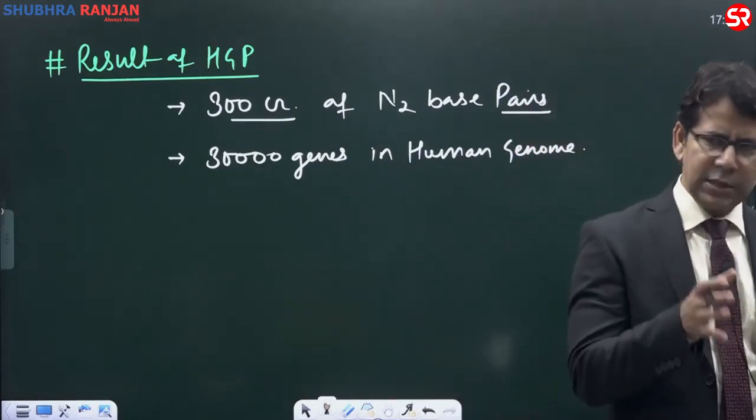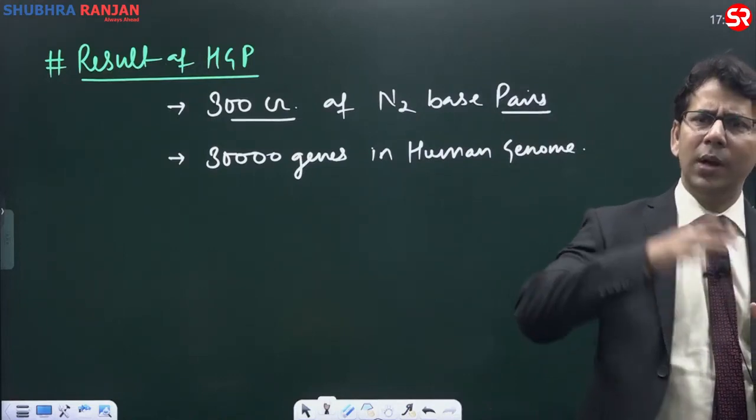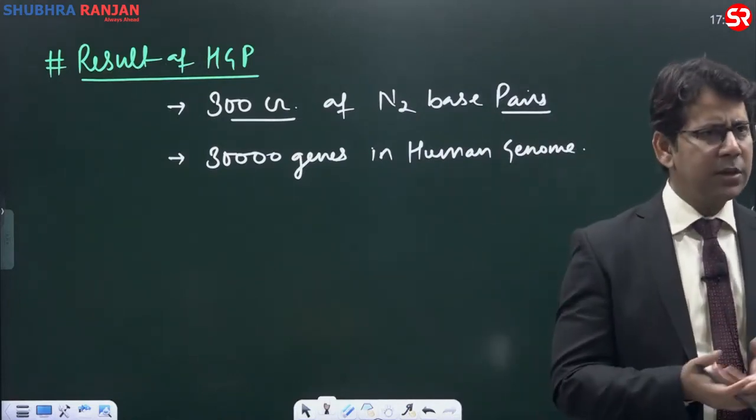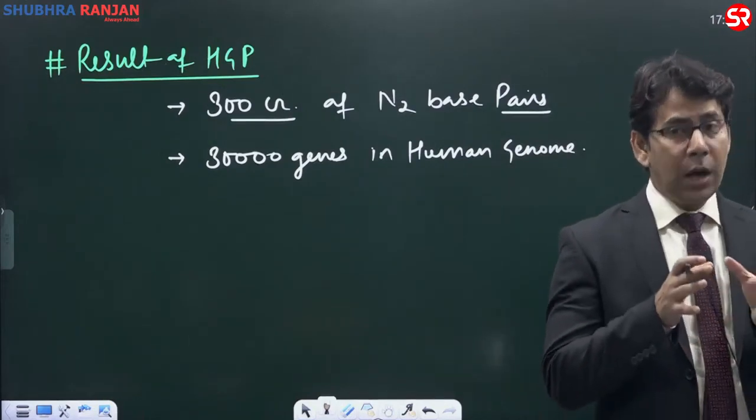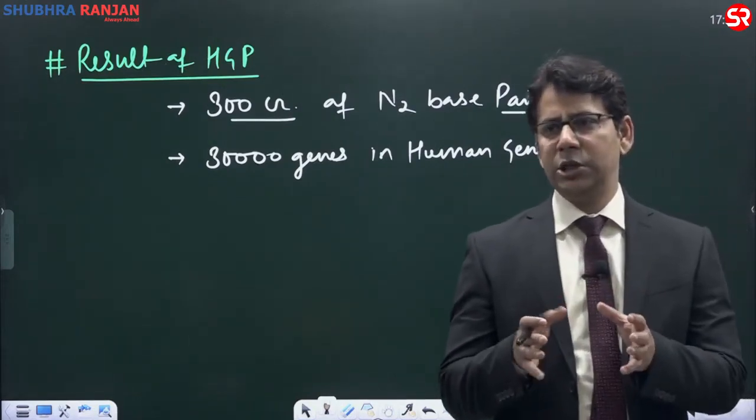The volume of DNA suggested it might have around 1 lakh genes, but the actual gene number is approximately 30,000. Why? Because up to 75% of the DNA is junk.